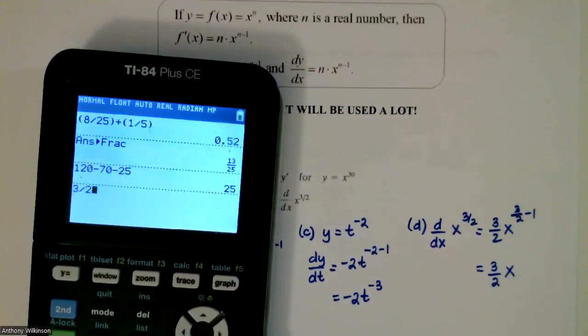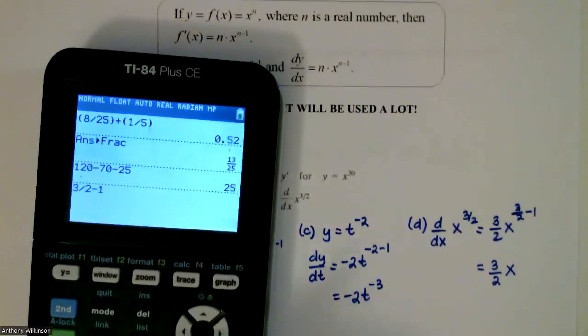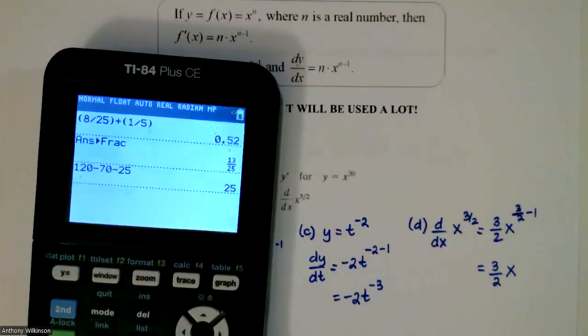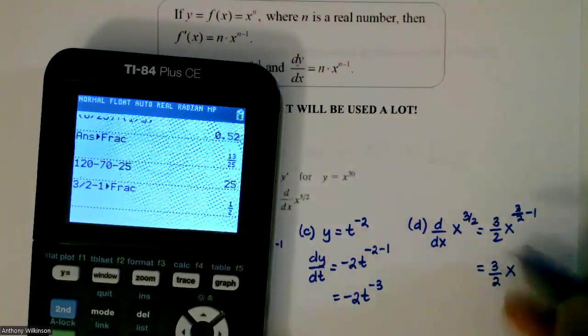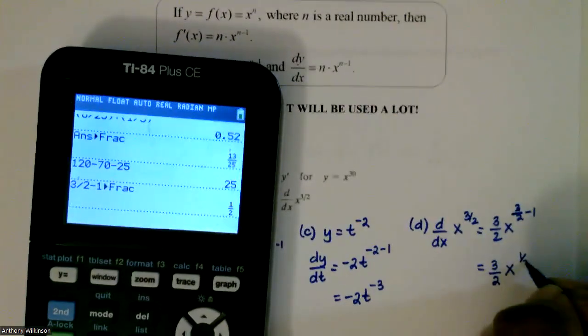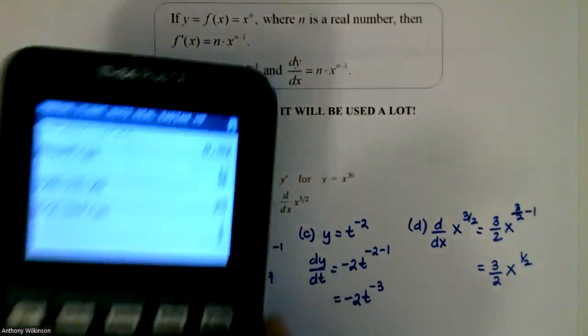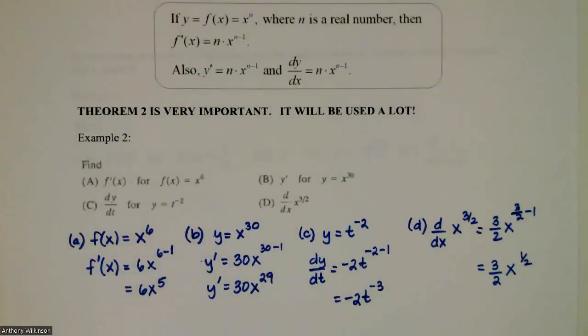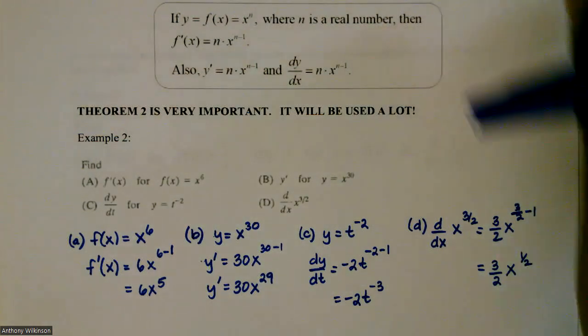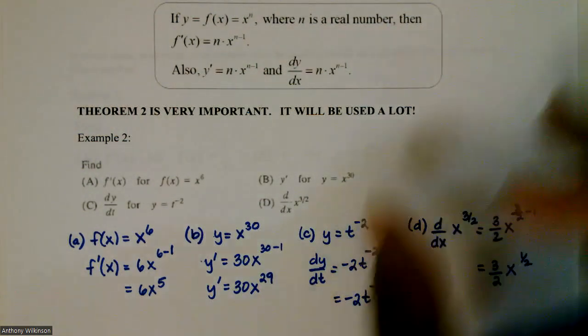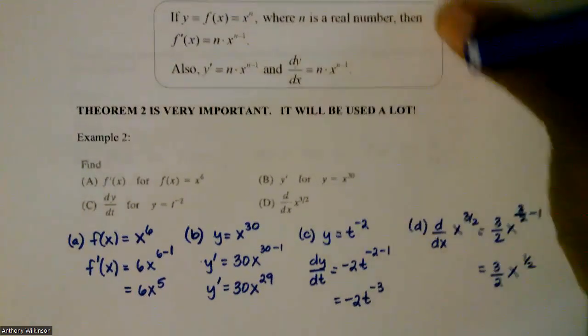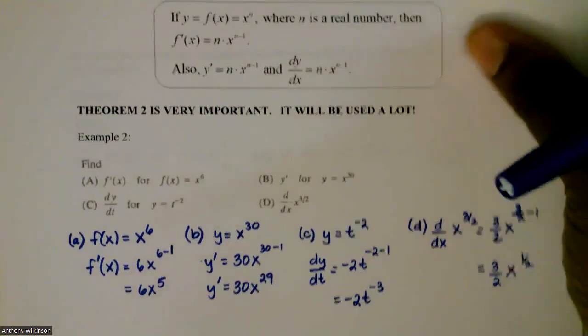So 3 divided by 2 minus 1, hit the math key, then number 1 for fraction, you'll end up with 1/2. So the derivative of x to the 3/2 power with respect to x would be 3/2 times x to the 1/2 power. Okay. So that's how we apply the power rule for this situation to these problems.